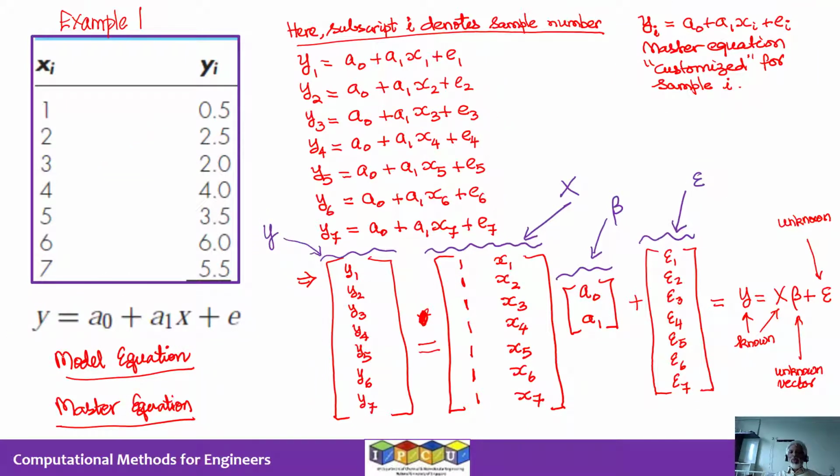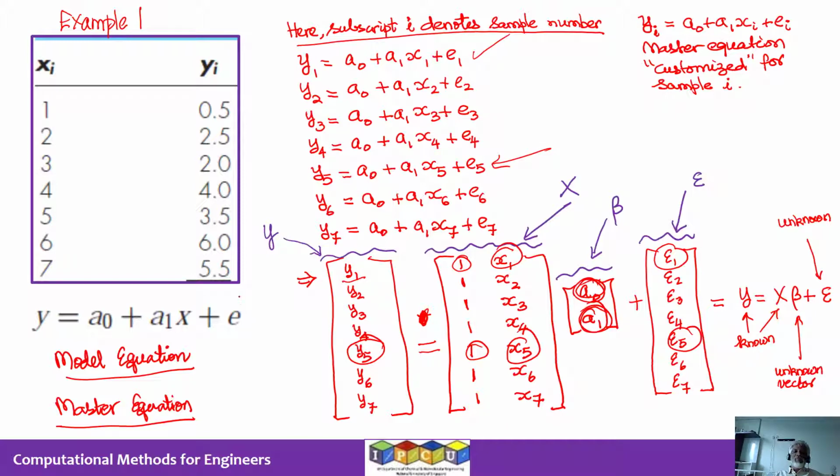If you take the overall thing, y1 is equal to 1 times a0 plus x1 times a1 plus e1 or epsilon 1. That gives us the first equation. If you take the fifth sample, y5 is equal to 1 times a0 plus x5 times a1 plus e5, which gives us this particular equation.